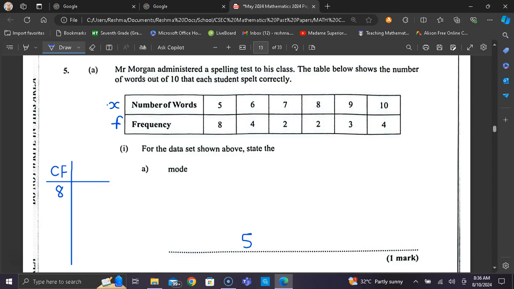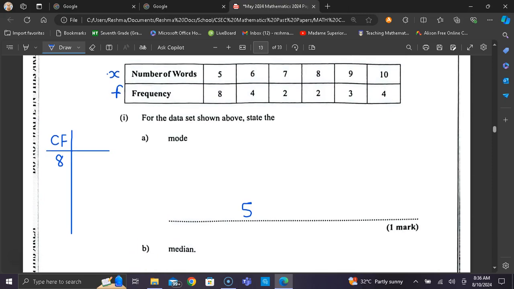So starting off with 8. Now cumulative frequency means total frequency up to a particular value. For 5 words, our frequency is 8. Up to 6 words, we have to add 8 and 4, so that will give us 12. Then we add again 12 and 2, 14. 14 and 2, 16. 16 and 3, 19.